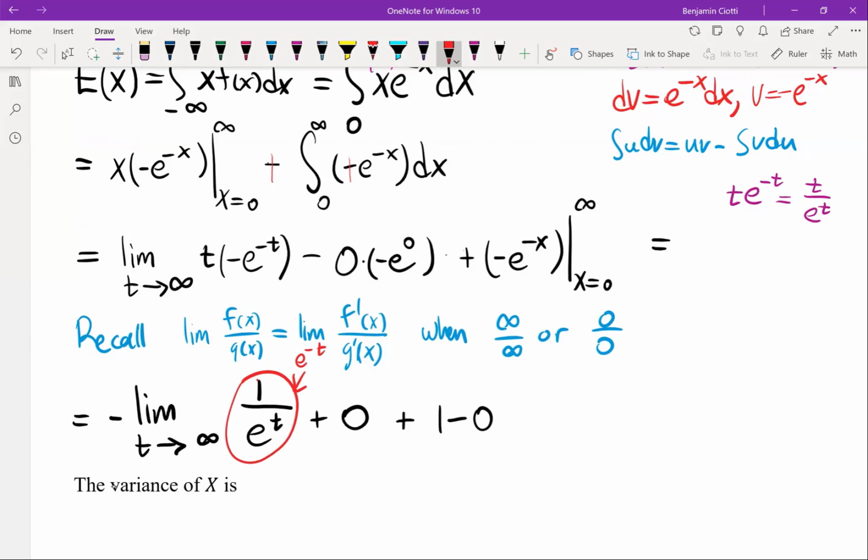We actually already discussed that limit in the previous calculation, and it was 0. So this whole term becomes 0. And the only non-zero term is this one. So we get 1 for the expectation value. Okay. Any questions?